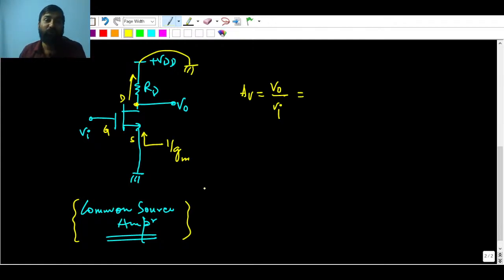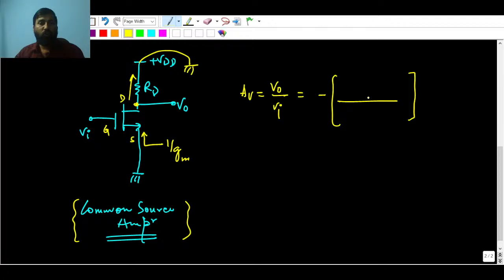You must know these things. The overall gain of any transistor, be it BJT or MOSFET, depends upon the ratio of the resistances looking from different terminals. Here you put the minus sign for the 180-degree phase shift.